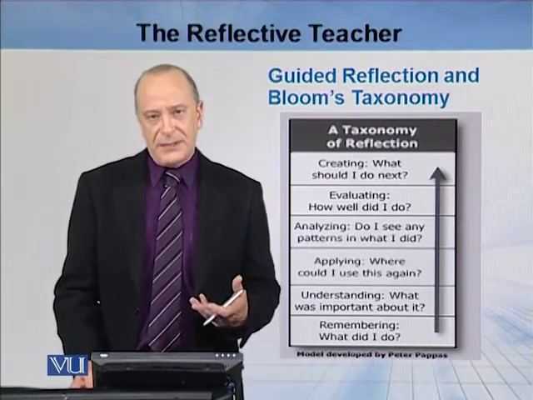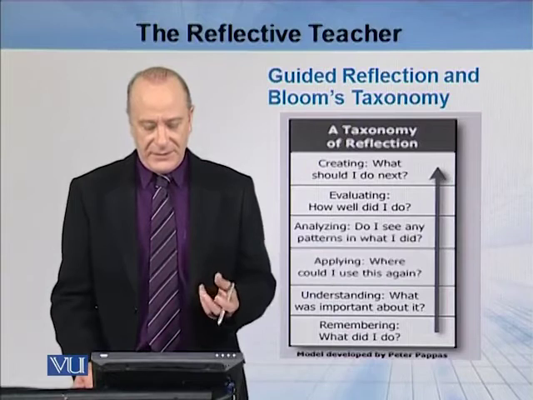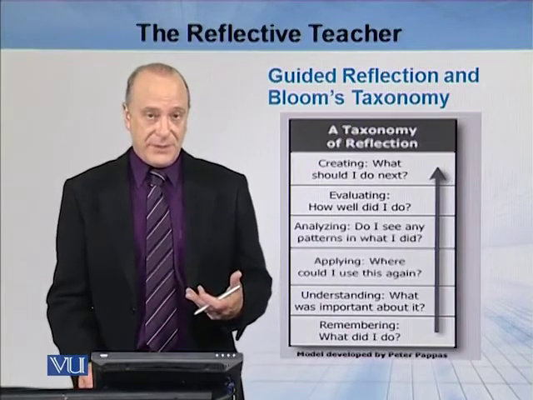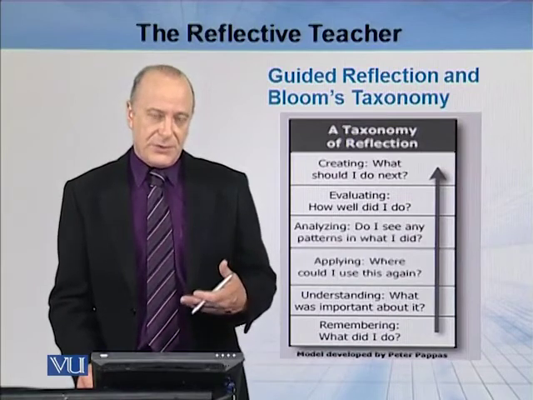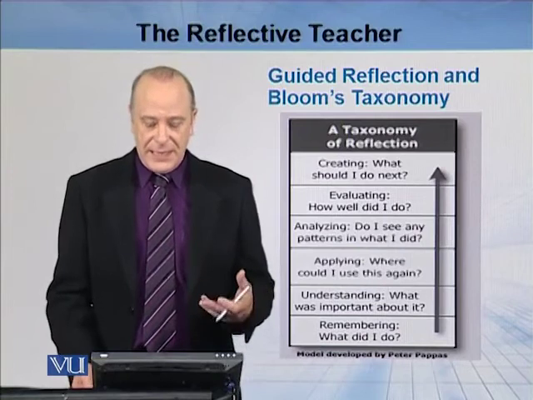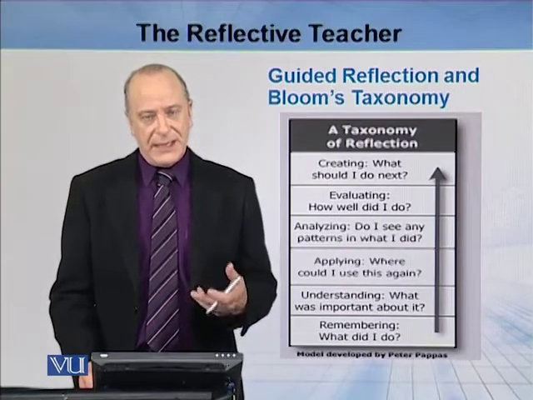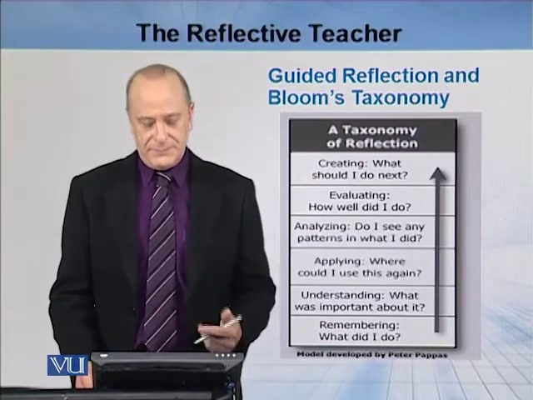Where could I use this again, this particular technique? How can it be applied elsewhere? And analysing, did I see any patterns which I need to be aware of? Were there any considerations? And then through to higher order thinking, evaluating, how well did I do? And then also creating, how can I use all this information next time? What can I do in the future?